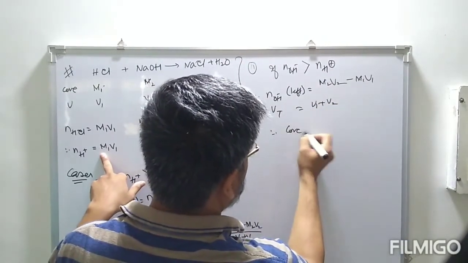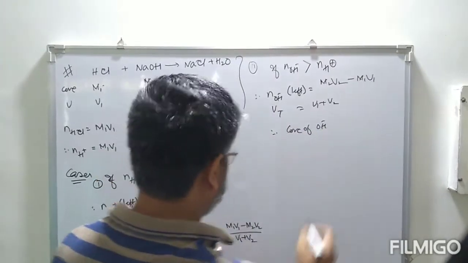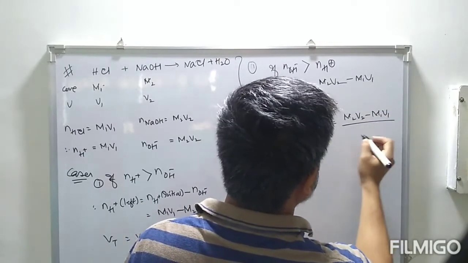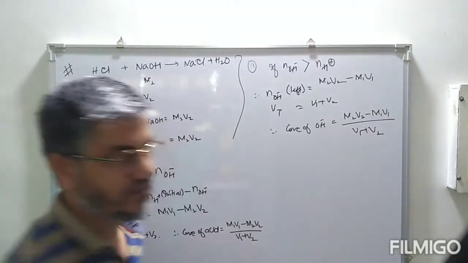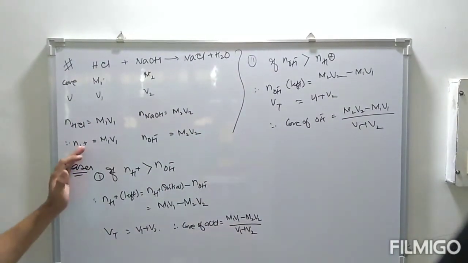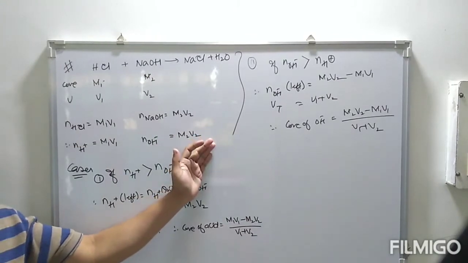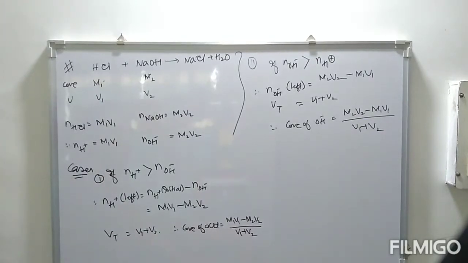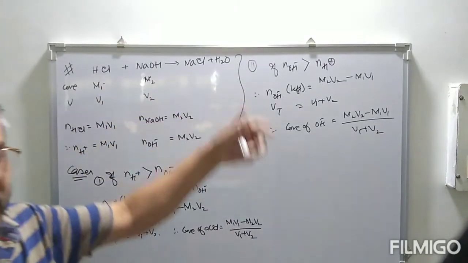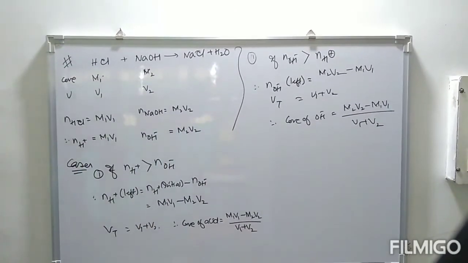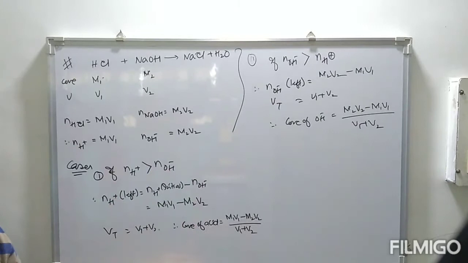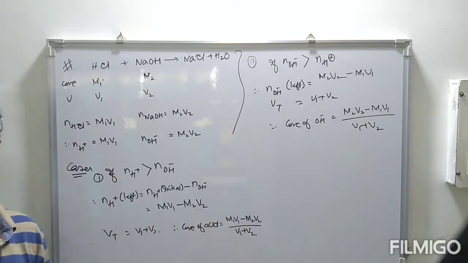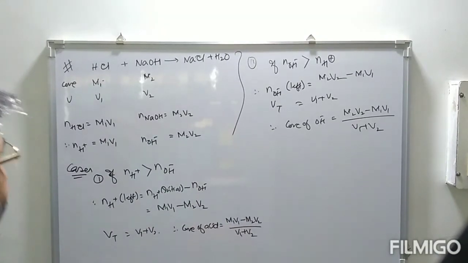So therefore, the concentration of base is M2V2 minus M1V1 by V1 plus V2. If the number of moles of acid equals the number of moles of base, then there is no acid or base left. That is 100% consumed in the reaction. So this is when we have a mixture of acid and base. Depending on the quantity of acid and base, we have to find whether the excess is acid or base, and then we can find the concentration of the acid or base.